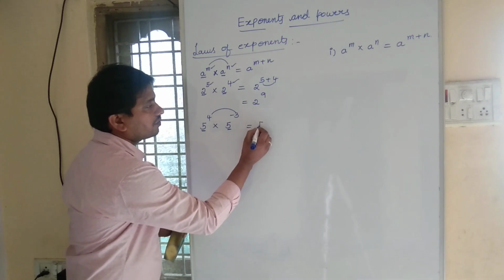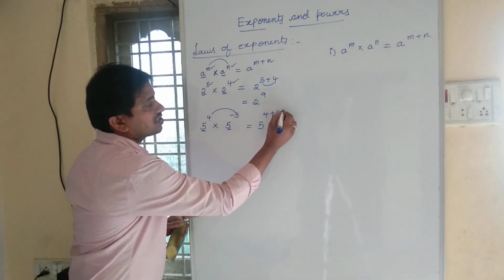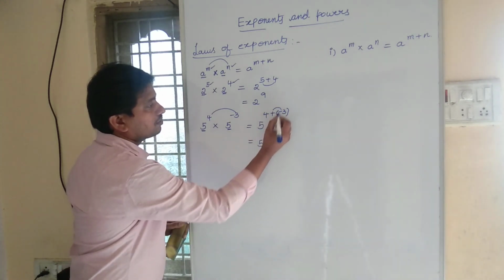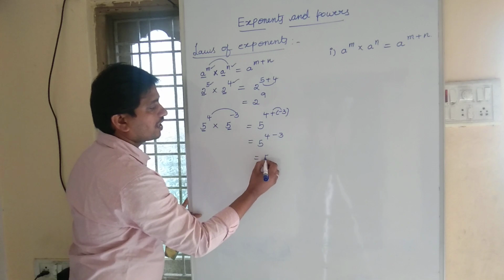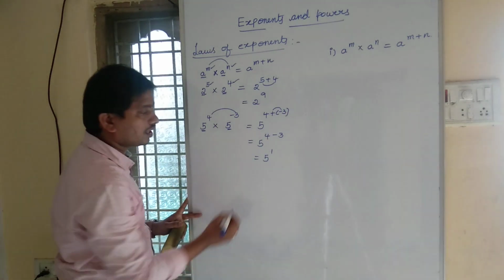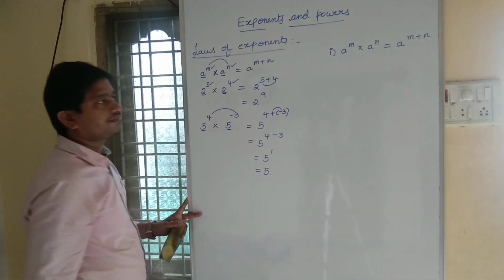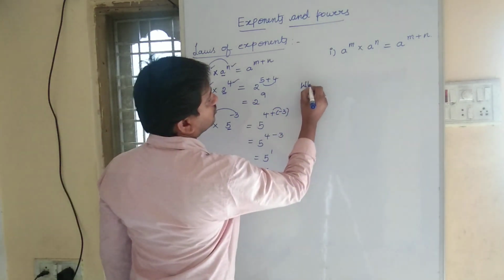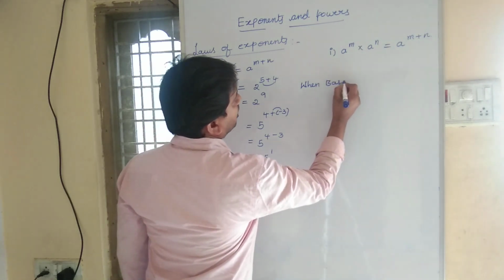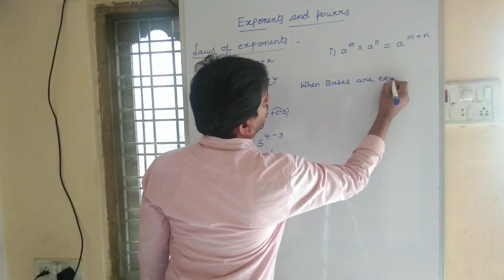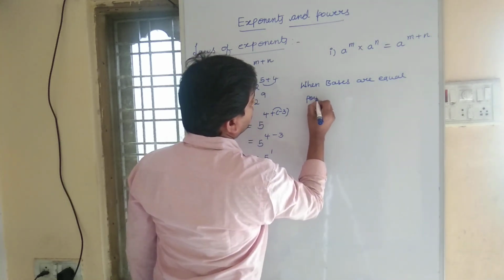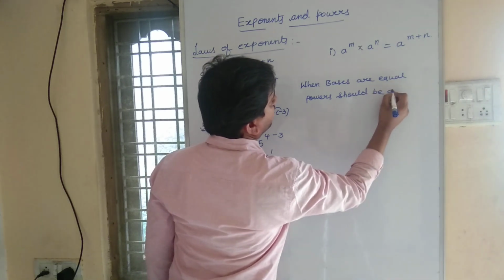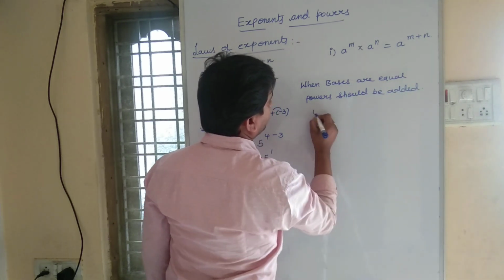I mean 5 power 4 plus minus 3, so 5 power 4 minus 3, that is equal to 5 power 1, which is 5. So when bases are equal, powers should be added when we are multiplying.